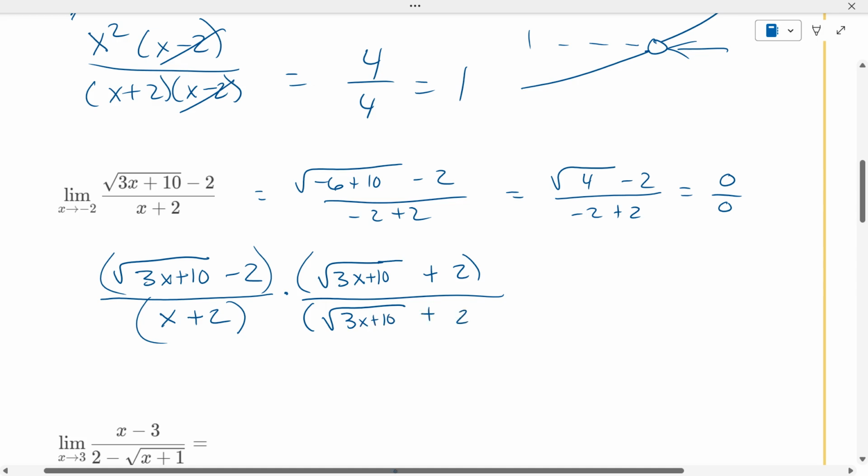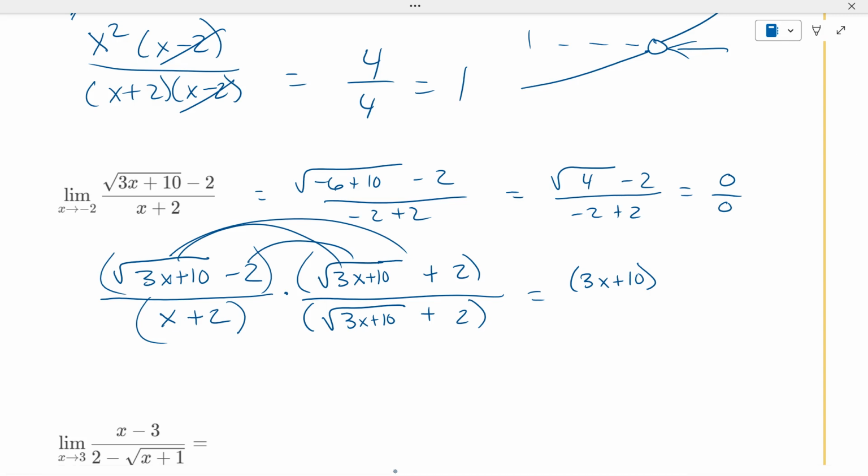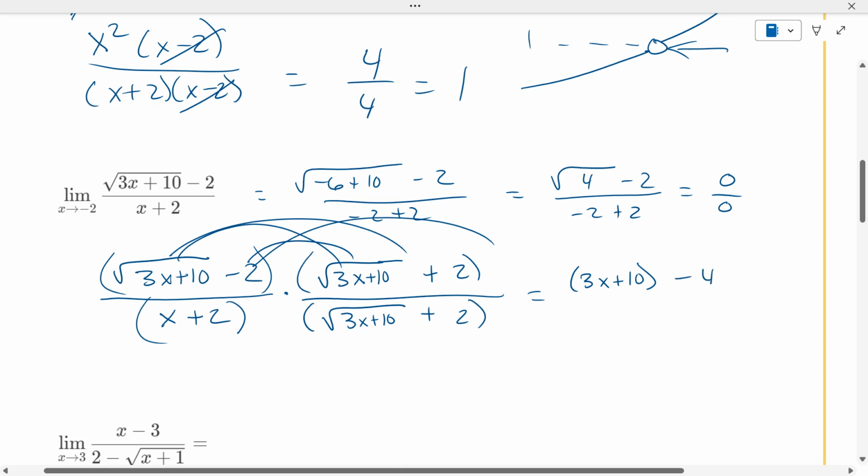Now, I'm not going to try to multiply through on the denominator. I'm just going to leave it separated. The numerator, first times first, is what you get under the parentheses. Outers and inners, always, always, always what in conjugate pairs? Cancel. And then last times last would be negative 4.